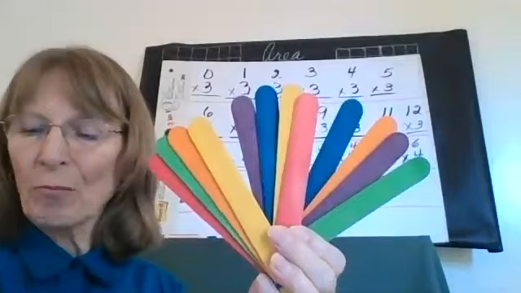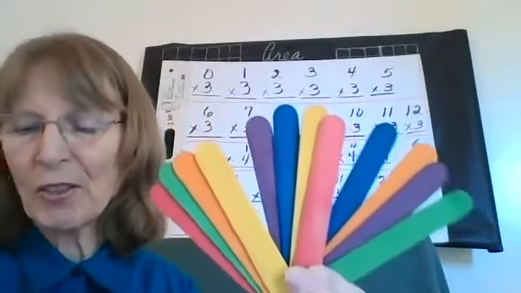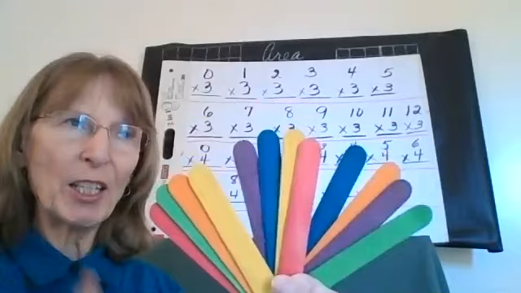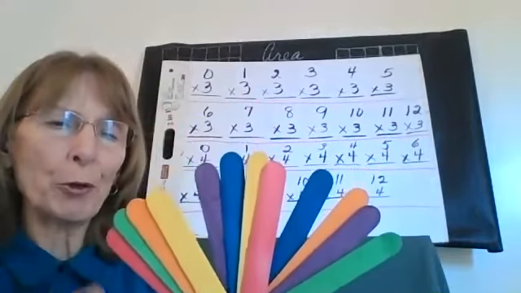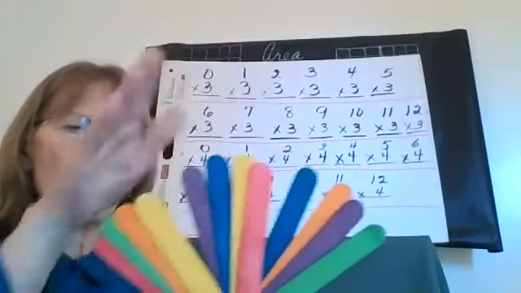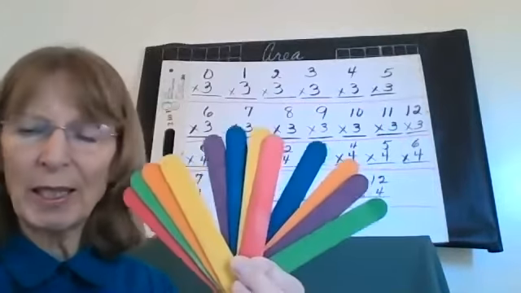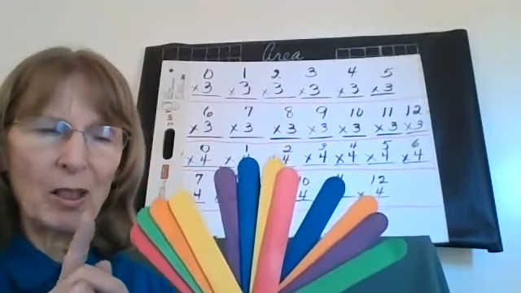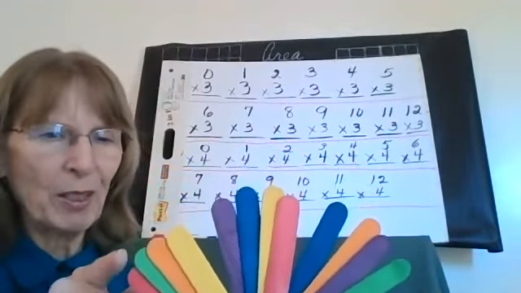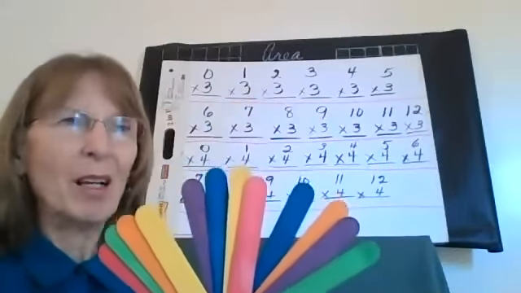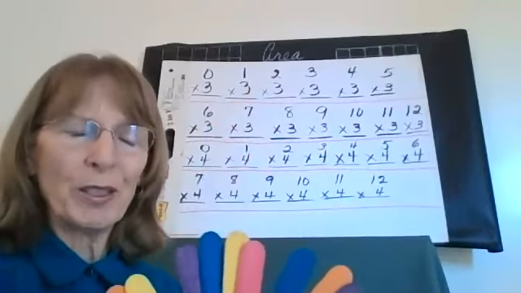Now, what I want you to do is find how many equal 1/3 of the 12. Say it again. How many equal 1/3 of these 12 sticks? And you're thinking, 1/3.